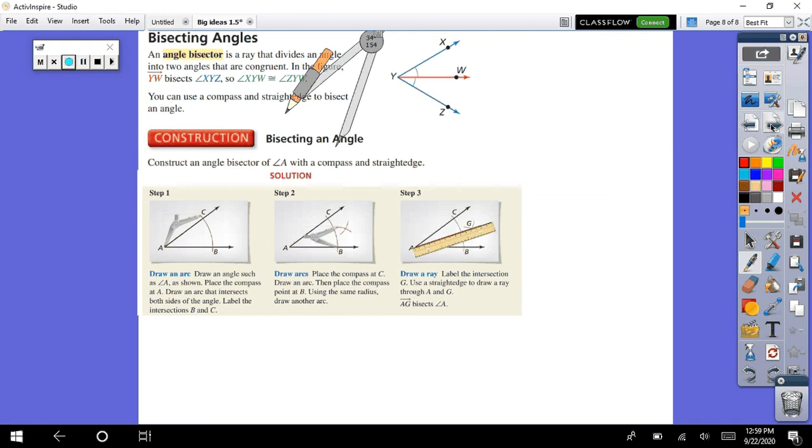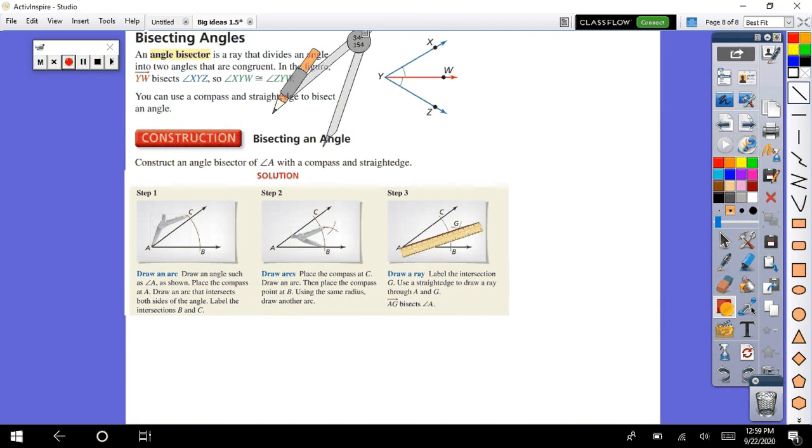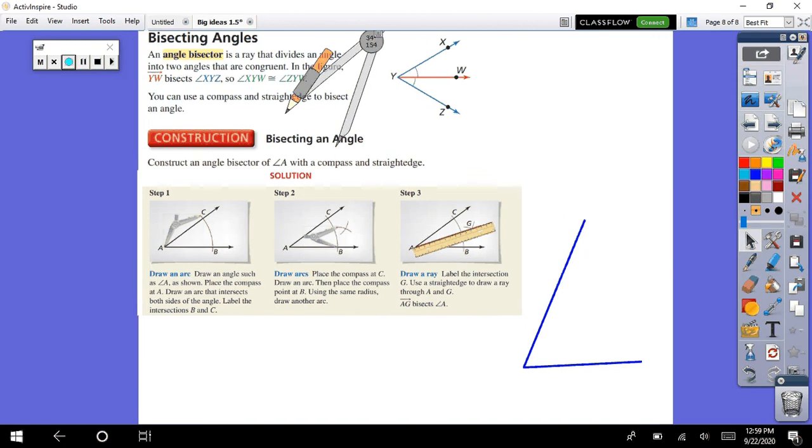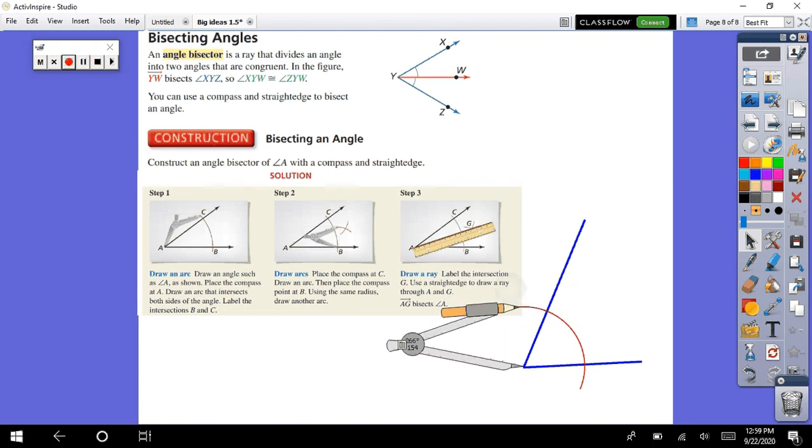All right, and then bisecting angles. The final thing today, this is easier, a little simpler to see too. So somewhere over here, let's see. Let's put an angle here. Now, remember what bisect means? We want to cut this angle in half. So take your compass, and your compass setting doesn't matter now. You can open it to any length you want. Just draw an arc in between the angles. Now here's the key.